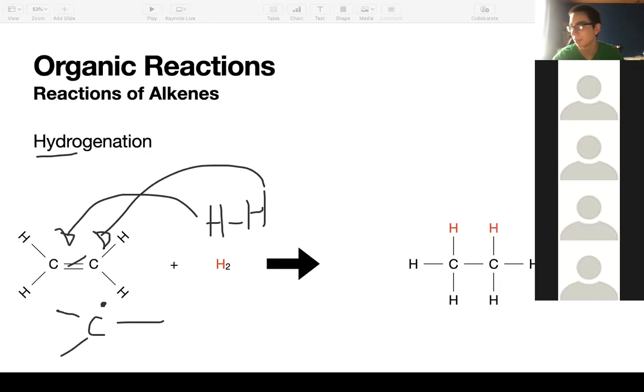One electron will go here, one electron goes here, and these hydrogens come in with their own electrons to create some bonds. And it ends up like on the right side. And yeah, that's hydrogenation. Introducing hydrogens to a double bond in order to break it. Does that make sense? Yes, it does make sense.